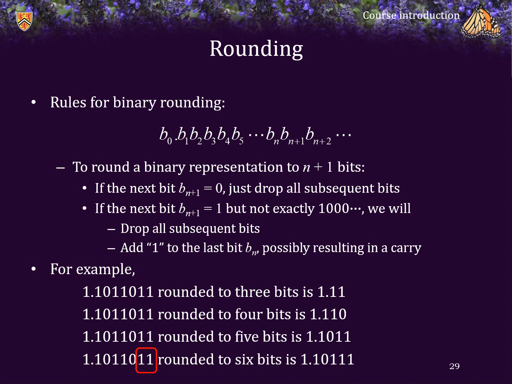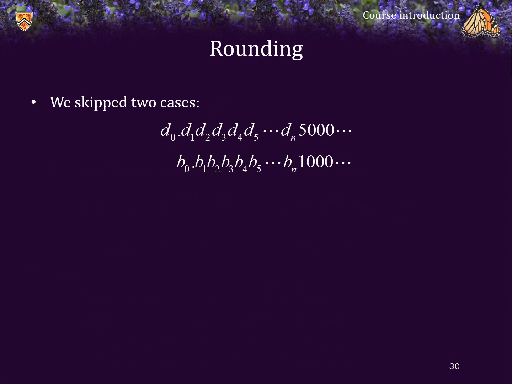Therefore, we increment the 6th bit, which results in 1.10111. Now we skipped 2 cases. For the decimal numbers, when rounding, we skip the case when the next digit is 5 and all subsequent digits are 0. And in the binary case, we skip the case where the next bit is 1 and all subsequent bits are 0.